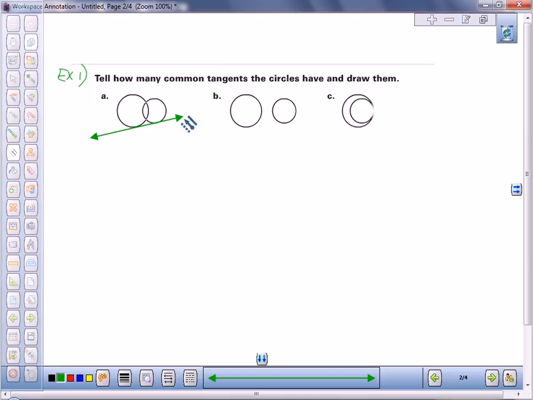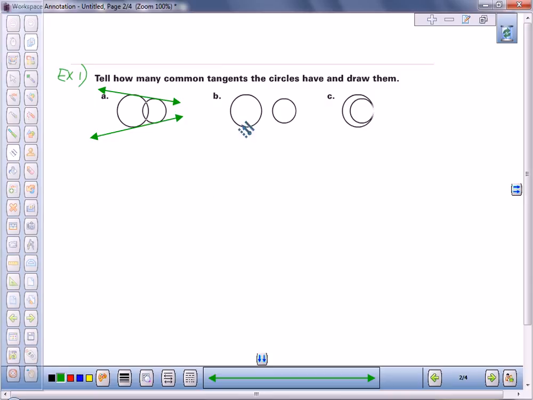That's pretty close. I think I see another way up here to connect the two, with one point on each circle. Now, if I drew it through here, it's not touching in one point, it's touching at two. I don't see any other place where I could draw one that would only touch in one point.